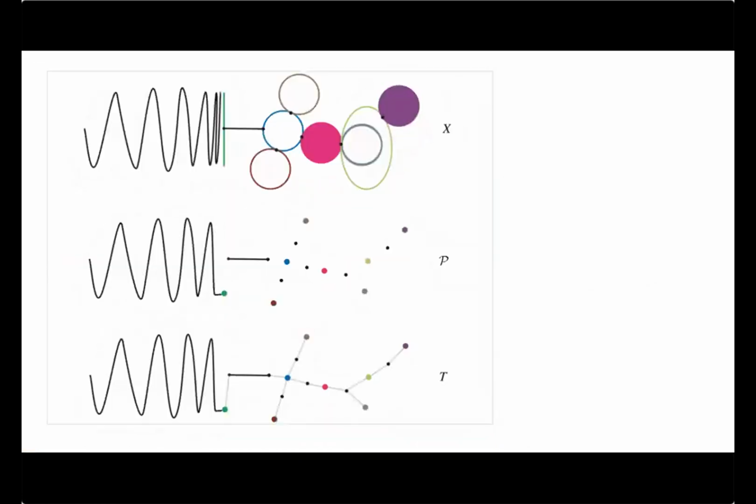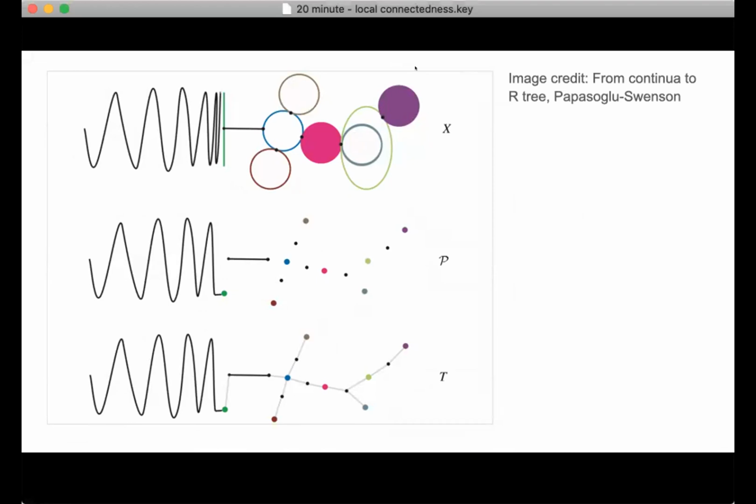extensively. Here is a picture taken from this particular paper by Papasoglu and Swenson, From Continua to R-trees. It's an example of a pre-tree construction. So for each of the cut points, you draw a dot. These black dots are for the cut points.